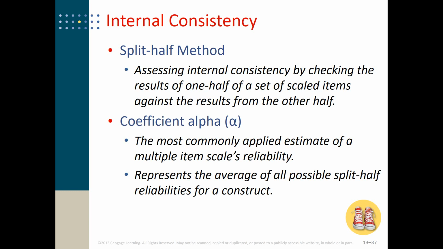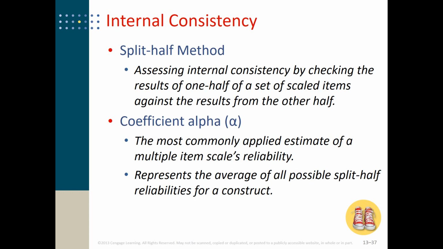One statistical measure of internal consistency is coefficient alpha. In this case, statistical software, for example SPSS, will consider all possible split-ups, check the consistency of the results for these split-ups, and generate a coefficient alpha that represents the internal consistency or reliability of the measurement scale.